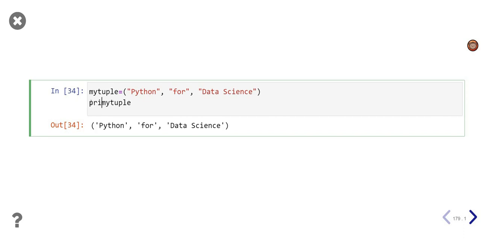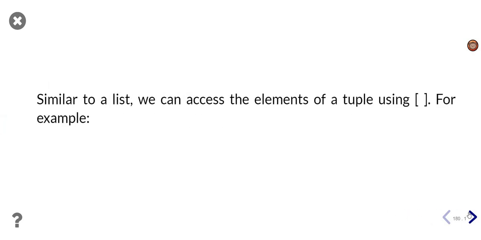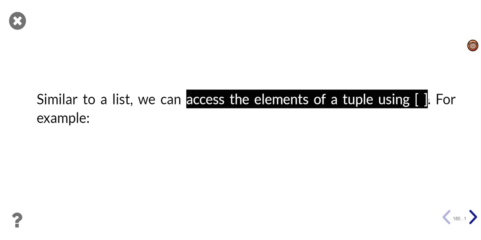If you use print, you'll also see the round brackets in the output. So similar to the list, this is ordered, right? So we can access the elements of a tuple, and of course to access any element you use the square bracket.